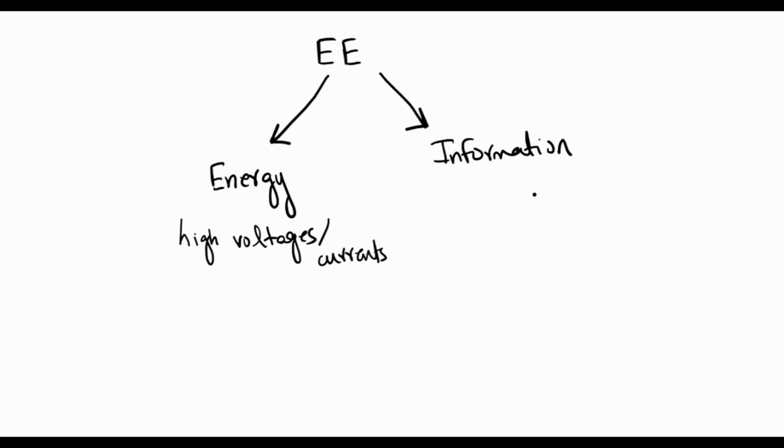On the other hand, when we talk about information, basically it has to deal with some type of communication, and we usually talk about low voltages and current.